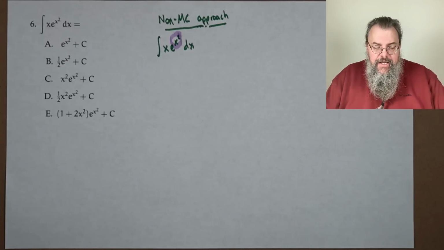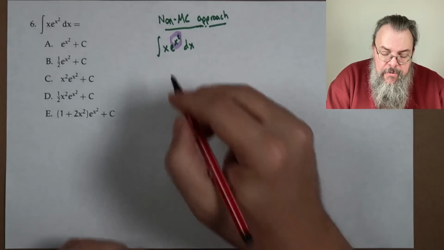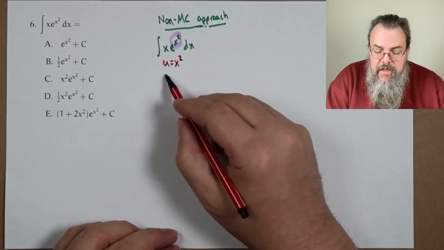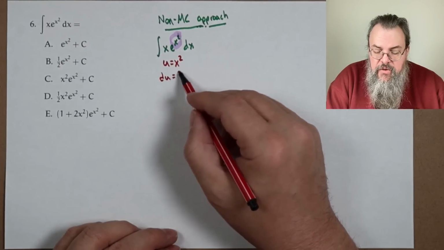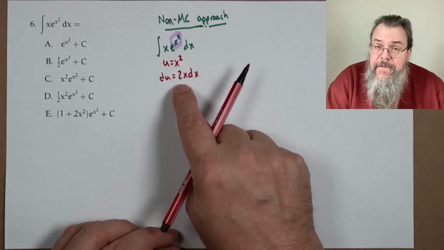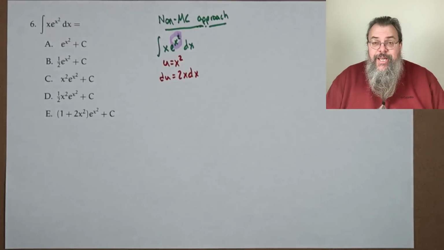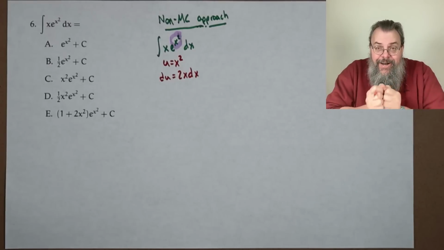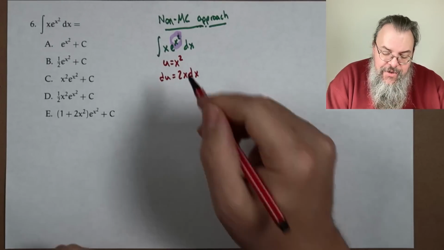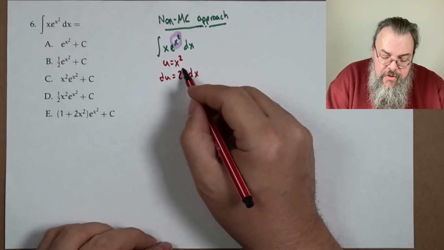So we say, okay, function inside function, let's try it and see if it works. Well, if we plug it in, we get u equals x squared, and then du would be 2x dx. Oh, so close, but we don't have the 2. But here's the great thing. 2 is a constant. That's easy to move around. So we can move the 2 to the other side.